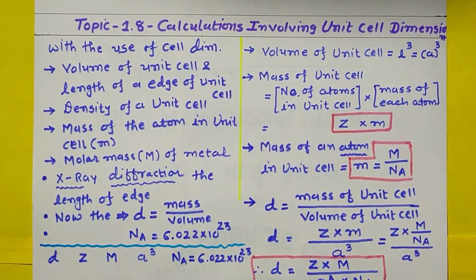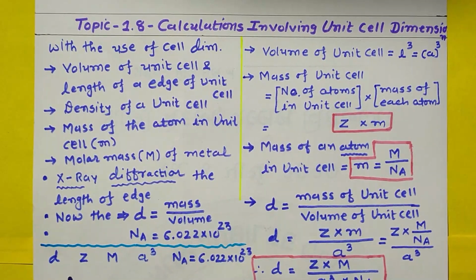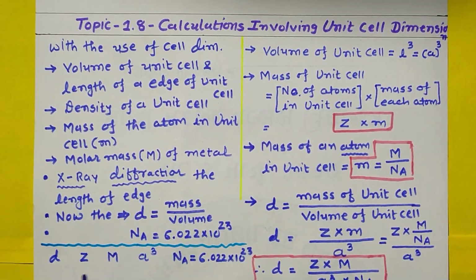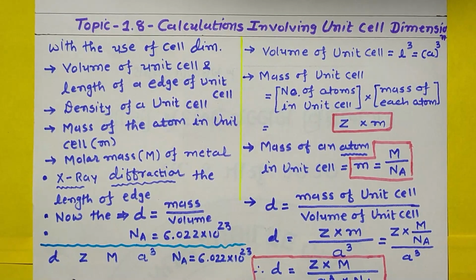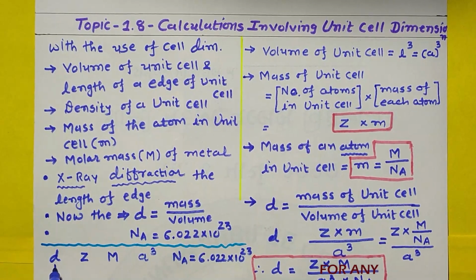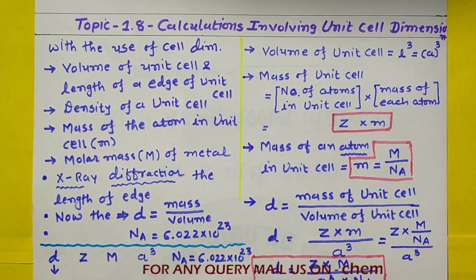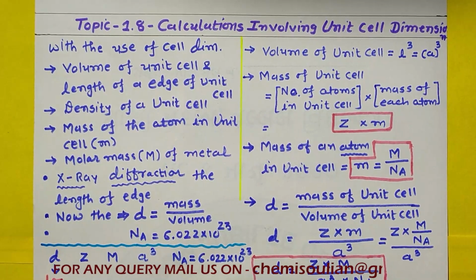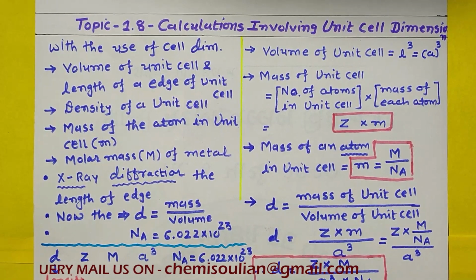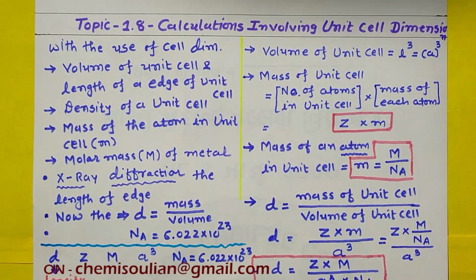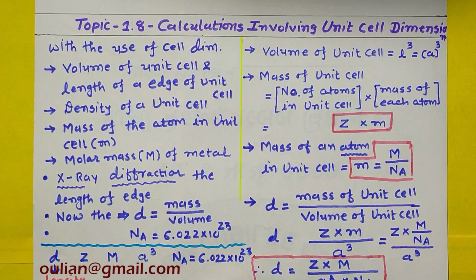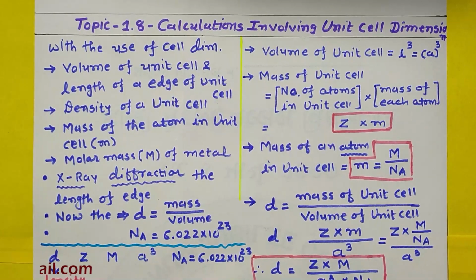Now we have another 4 values which are unknown. Out of these 4 values, if we have the values of 3 parameters, we can identify the 4th one. How is it possible? D means density of a unit cell. Then Z, number of atoms in the unit cell.